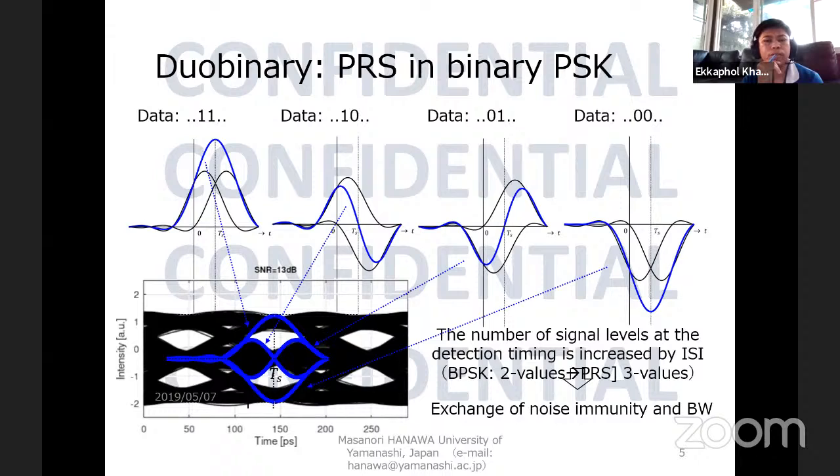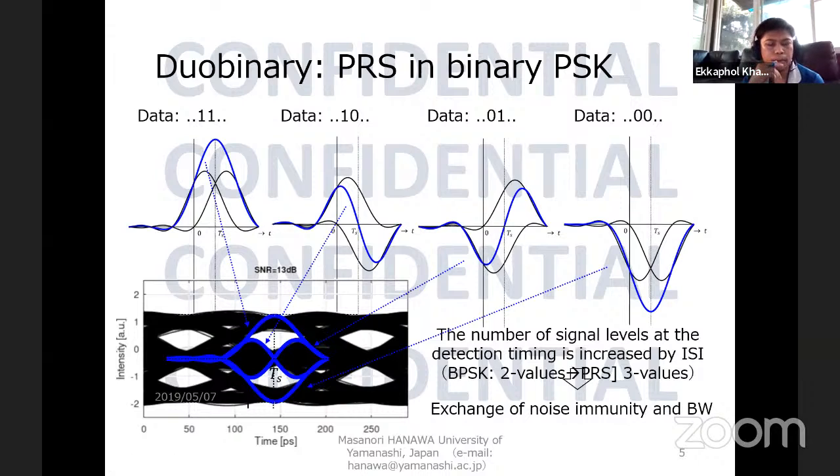By introducing this controlled ISI, if we transmit a binary PSK signal with these dual binary pulses, then we send a 3-valued transmission signal. The eye pattern is like this.